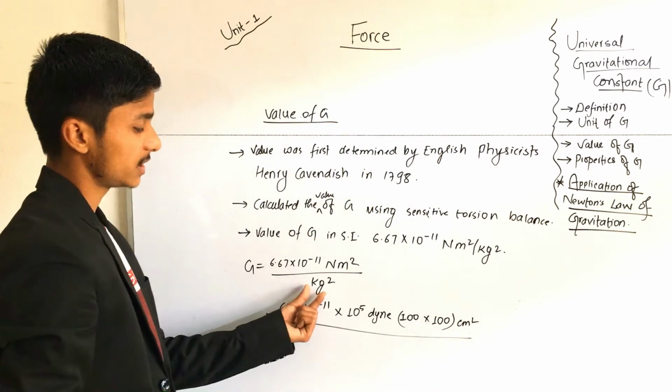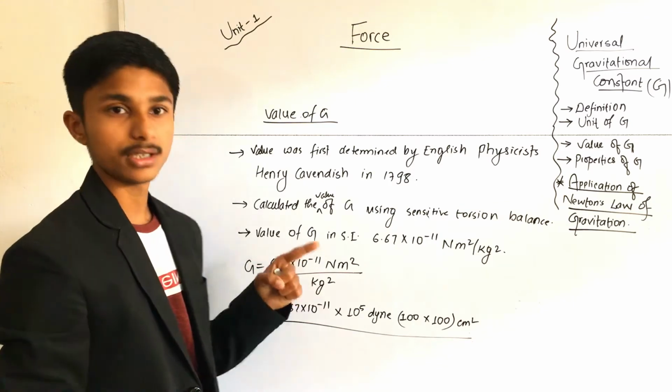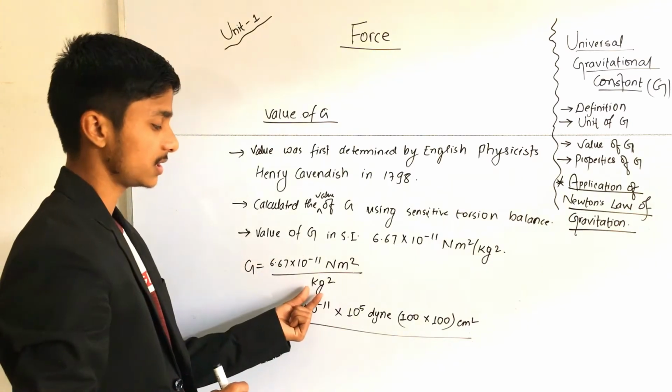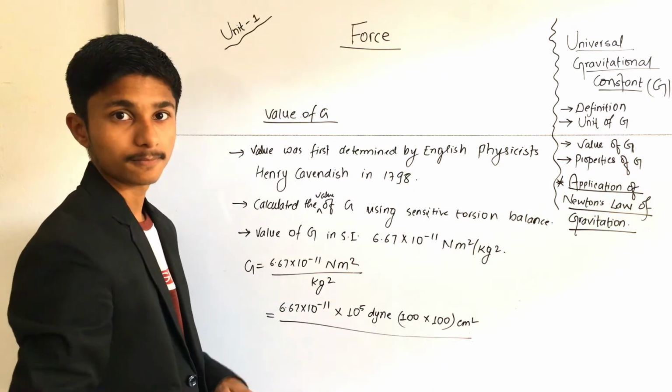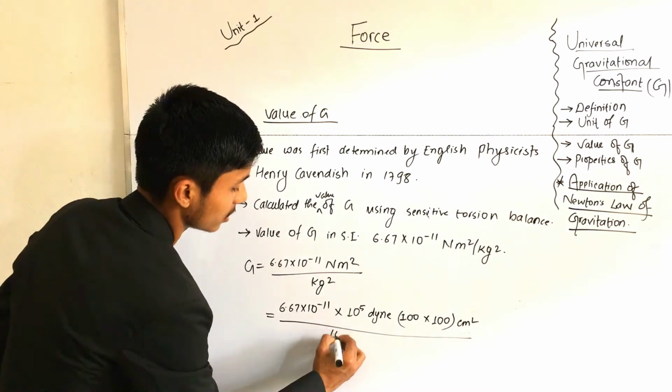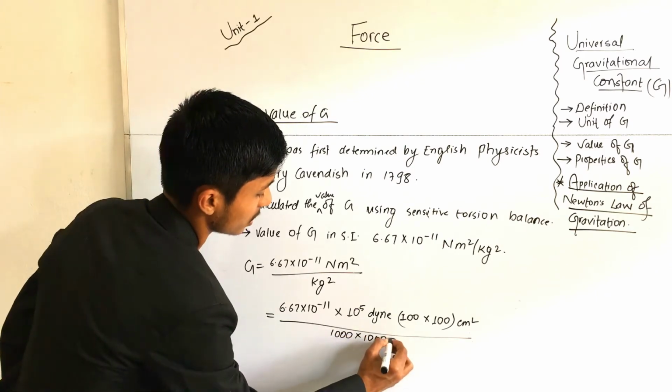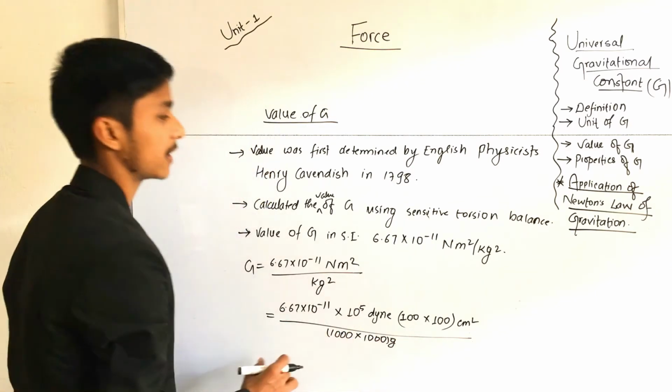And the value of 1 kg in CGS is 1000 gram, so we write 1000 into 1000 in gram.